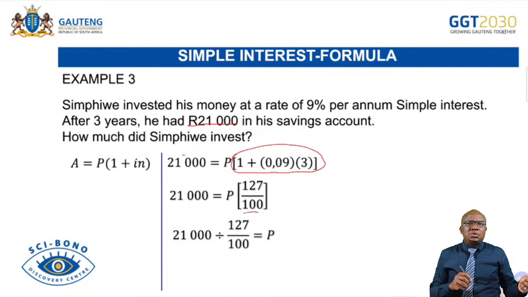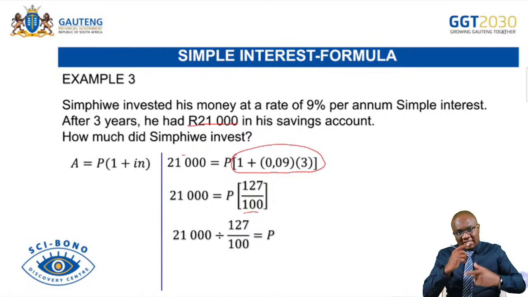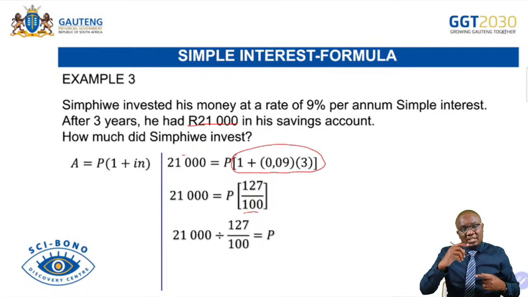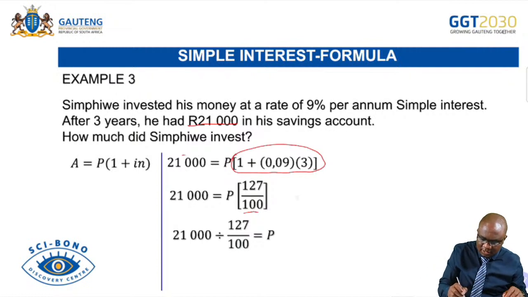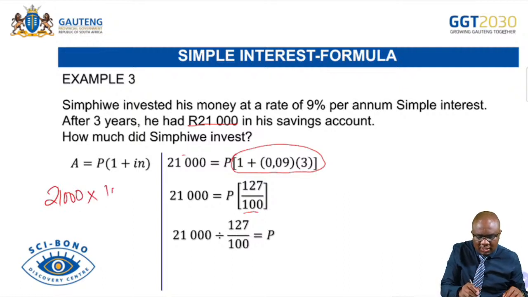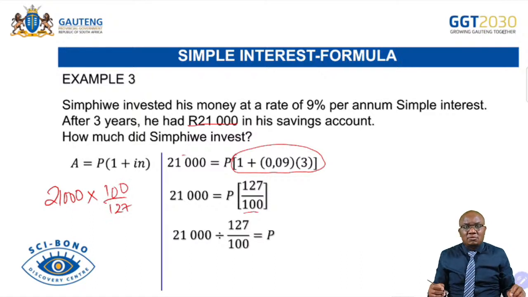If you are dividing by a fraction, you tip and times. The numerator becomes the denominator like this. You can say 21,000 times 100 over 127. But we have our calculators, we can calculate our P. This is the P.